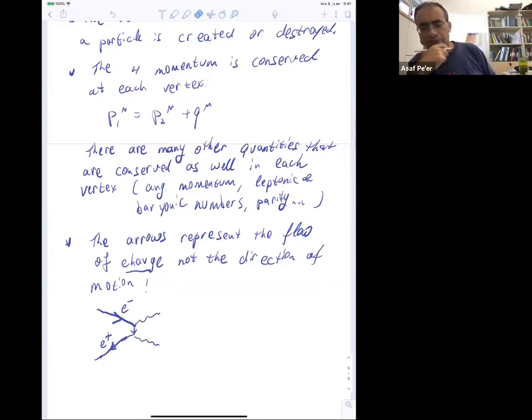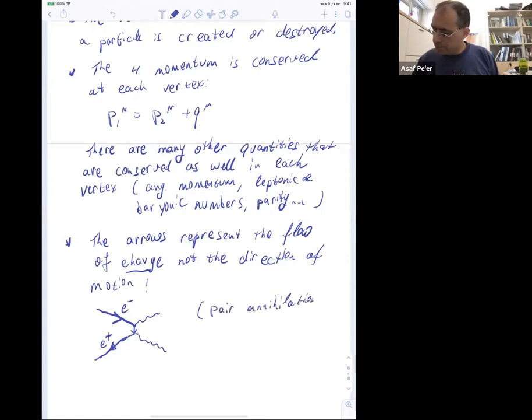This is annihilation. Okay, so the arrows represent the flow of charge, not space.